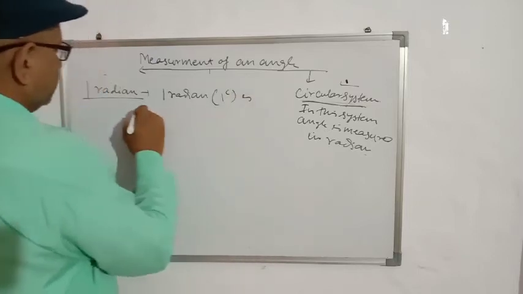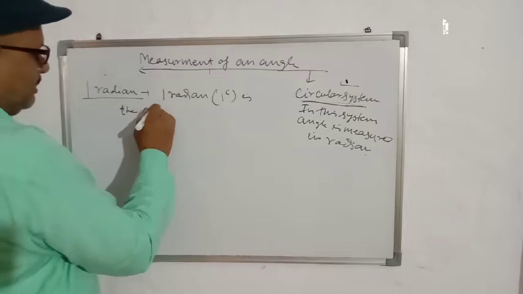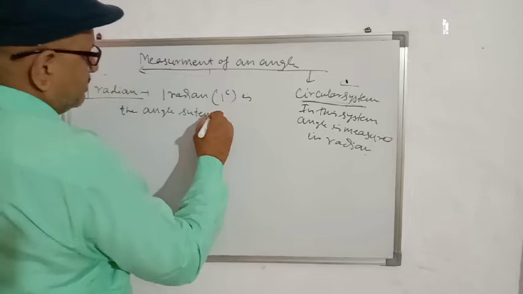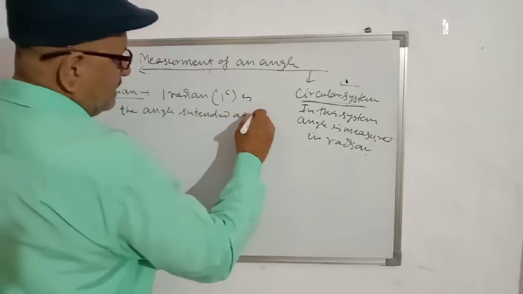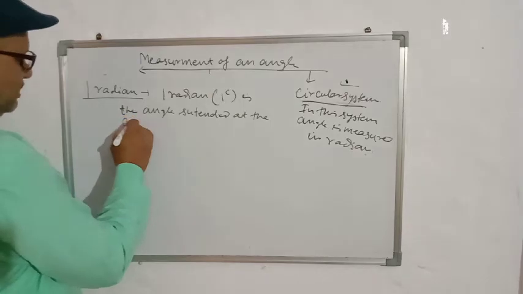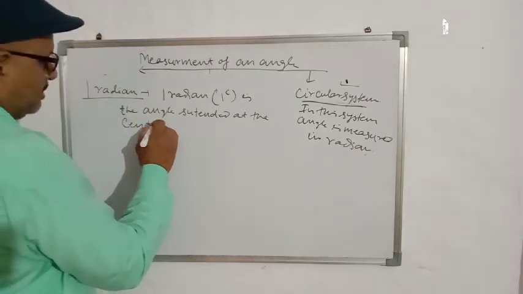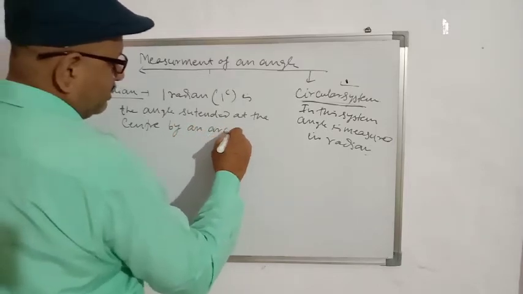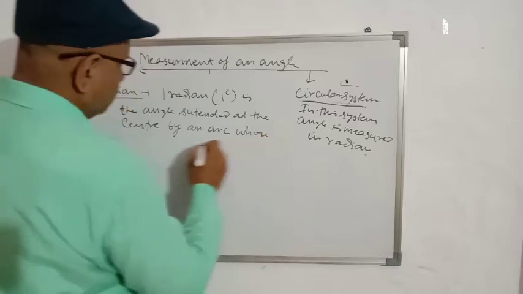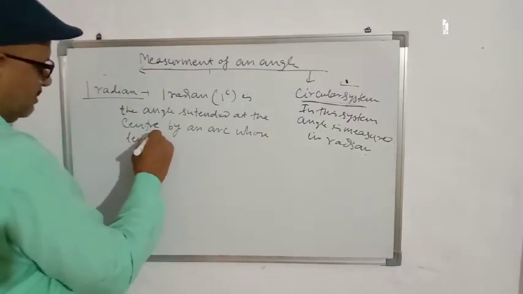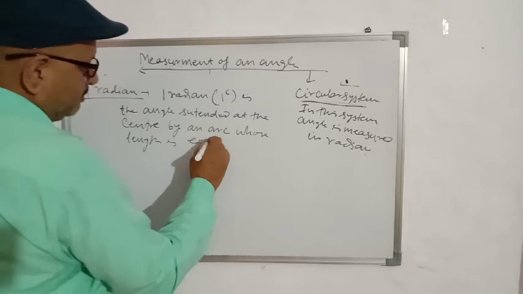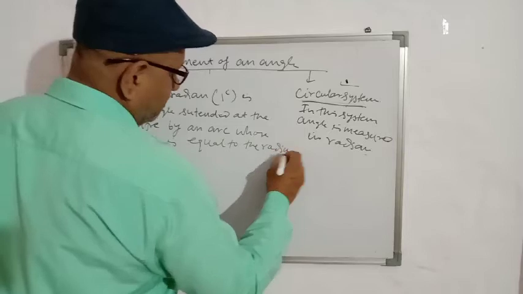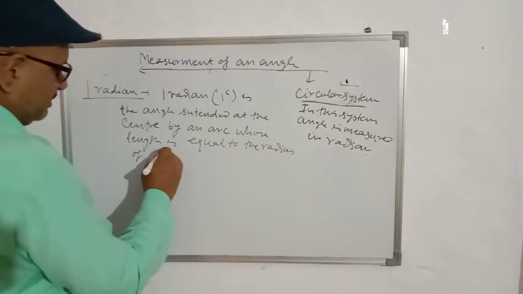One radian is the angle subtended at the center by an arc whose length is equal to the radius of circle.